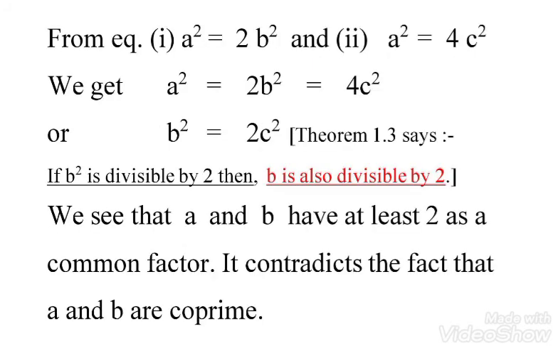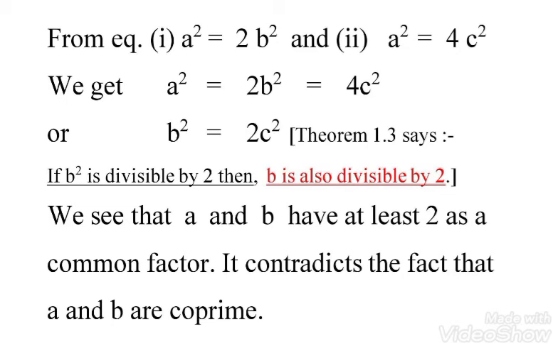Now from equation 1 and equation 2, equation 1 is a square is equal to 2b square and equation 2 is a square is equal to 4c square. We get a square is equal to 2b square is equal to 4c square, or b square is equal to 2c square. Again we have applied theorem 1.3. It says if b square is divisible by 2, then b is also divisible by 2. In this manner we see that a and b have at least 2 as a common factor.